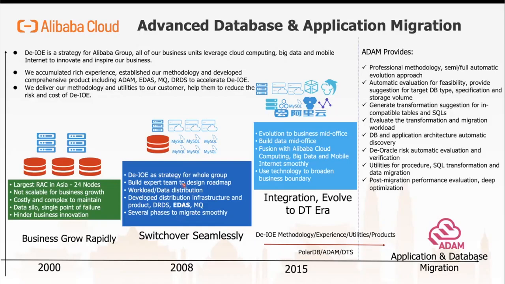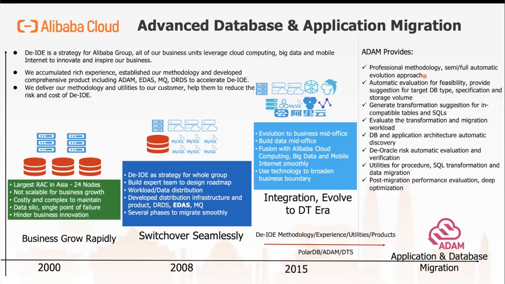We built an expert team around this to design the roadmap. We came up with tools like DRDS and EDAS to ensure that we can distribute the workload across several products. We came up with several phases of migration. Finally, in year 2015, we managed to move to MySQL. We managed to DIOE the entire stack, moving to PolarDB with ADAM and DTS.